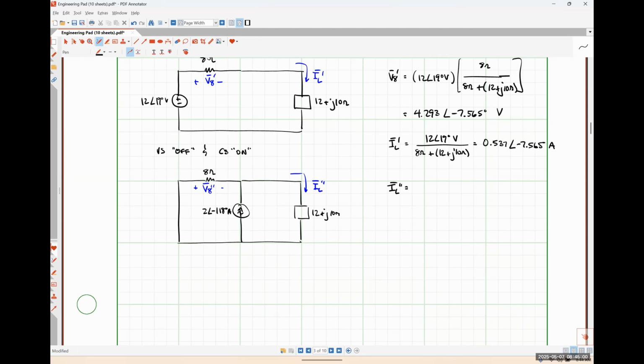So, anybody remember how current division works? What's my known current? So 2 angle negative 118 amps. What is the impedance I'm trying to find the current through?